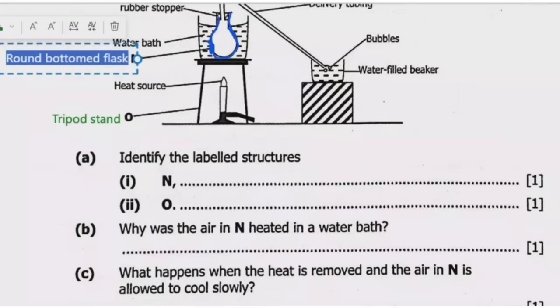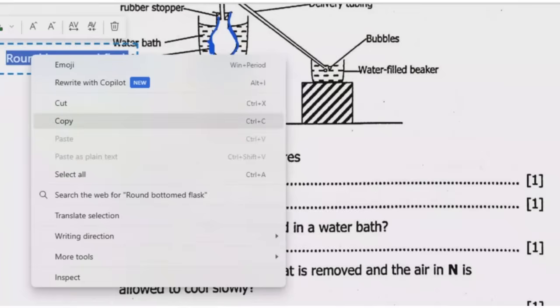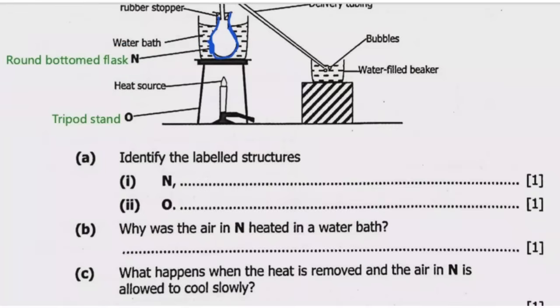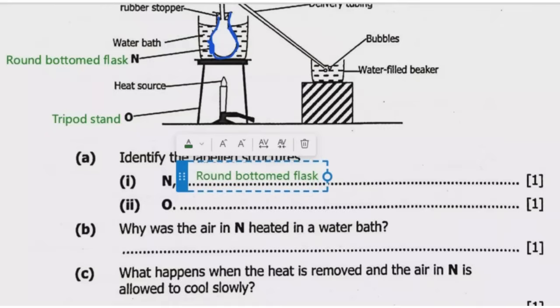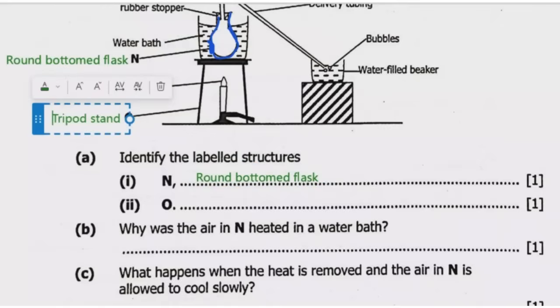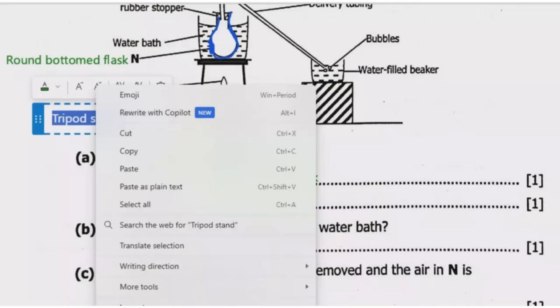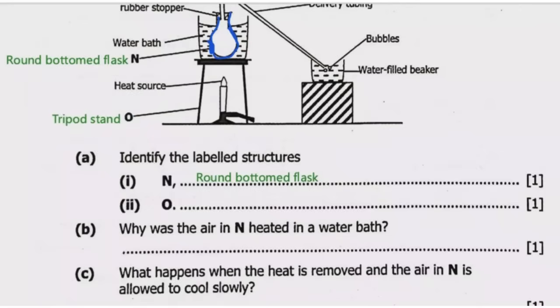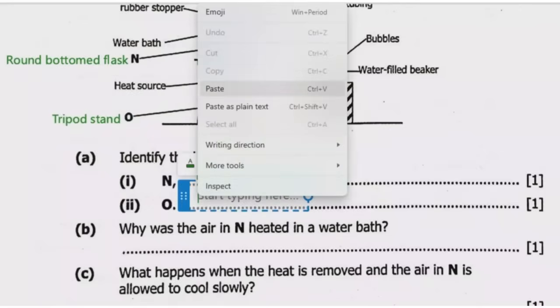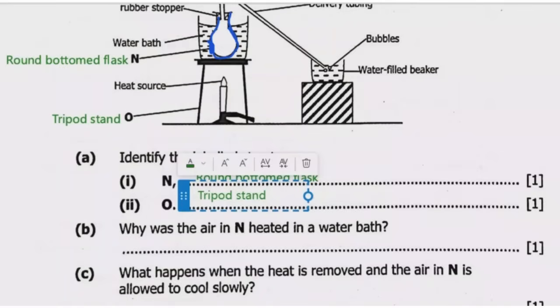So we can name those as round bottomed flask and tripod stand. I'm just copying and pasting, no need for me to type it again. That's the beauty of identifying the parts in advance.